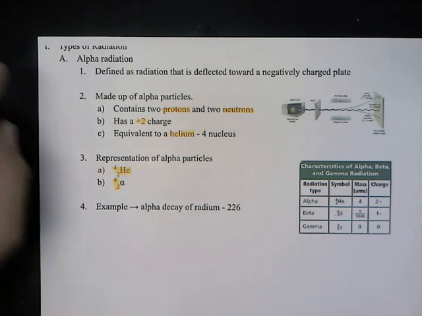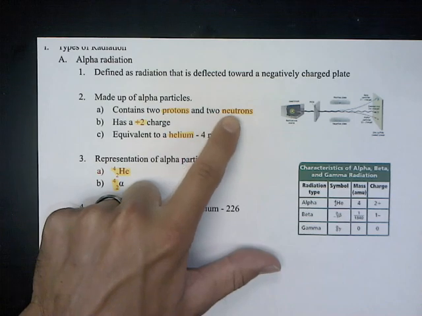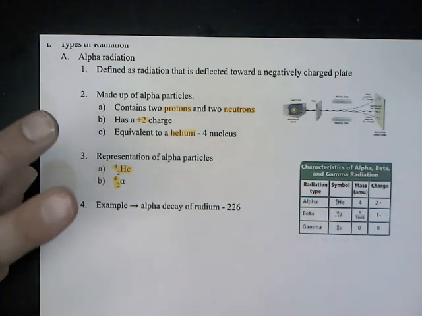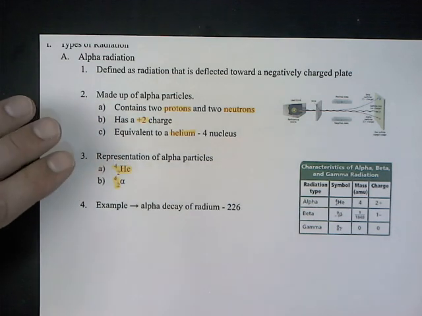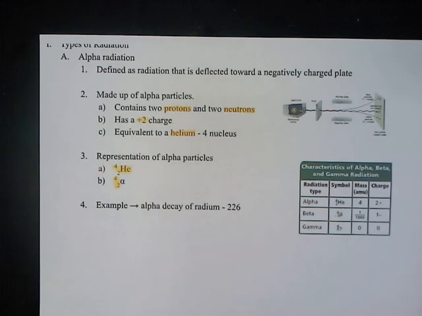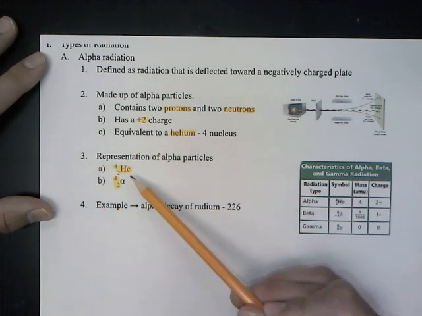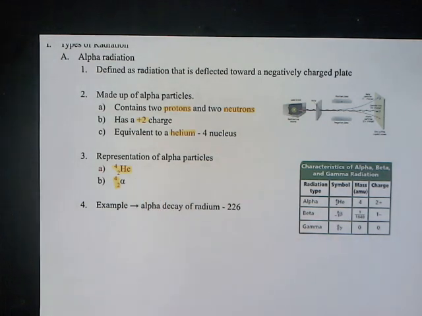Alpha radiation specifically is going to contain 2 protons and 2 neutrons, so it's going to have a positive 2 charge and a mass number of 4. Now, very important for us to reference this symbol right here. Alpha radiation can be represented in 2 ways.